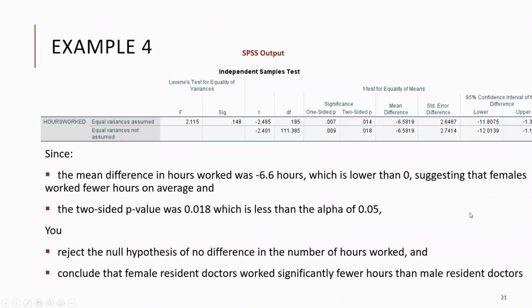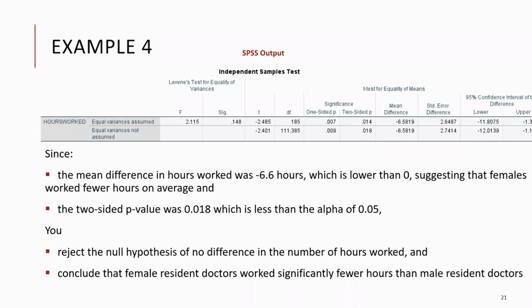So as usual, the same conclusion we made in the previous examples: 0 is not included in our 95% confidence interval, so we can safely reject our null hypothesis and conclude that female residents worked significantly fewer hours than their male counterparts.